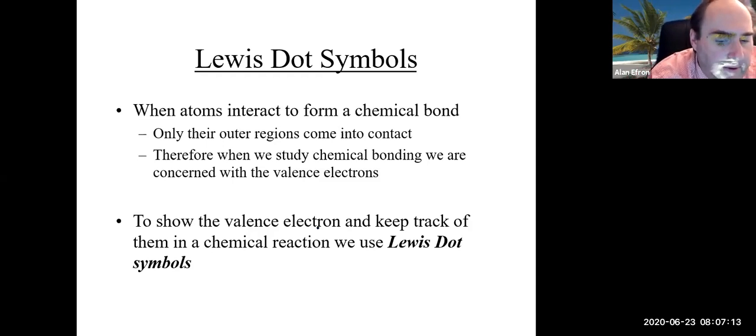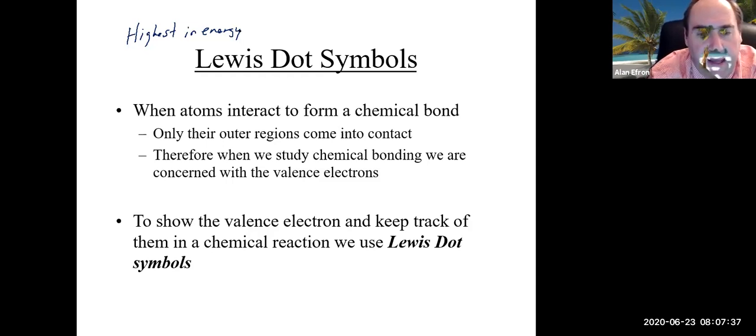When we talk about bonding, it's all about the valence electrons. We talked about valence electrons last time: they are the electrons highest in energy, furthest away from the nucleus. As we talked about with those trends, they're not held as tightly, which is why they're really involved in bonding.